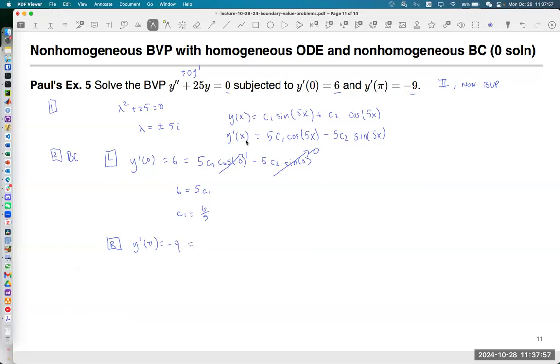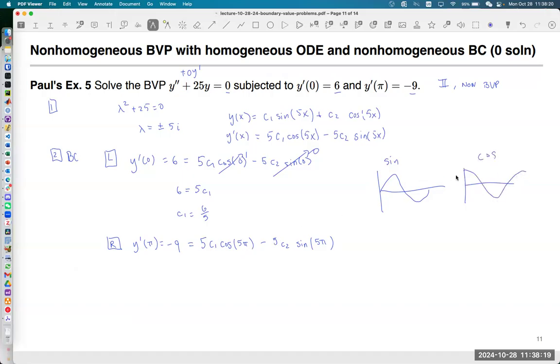And this should be equal to 5 times C1 cosine of 5 pi minus 5 times C2 sine of 5 pi. Okay, and what is 5 pi? Let's see. So this is sine, this is cosine.